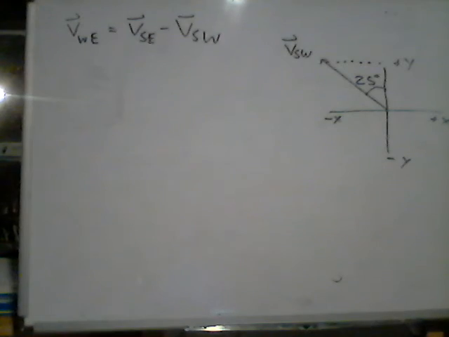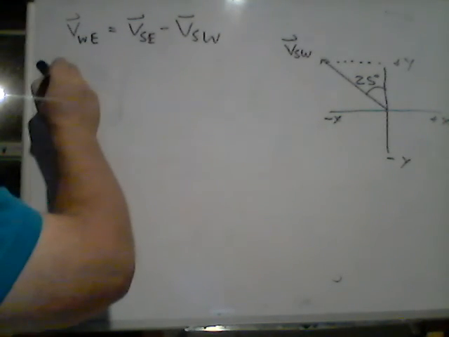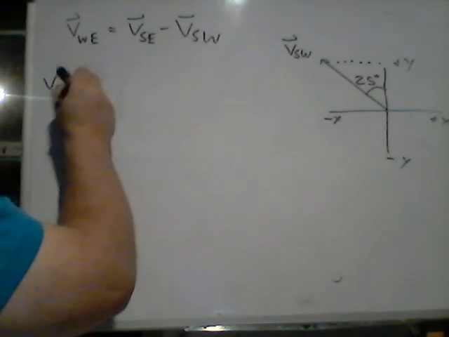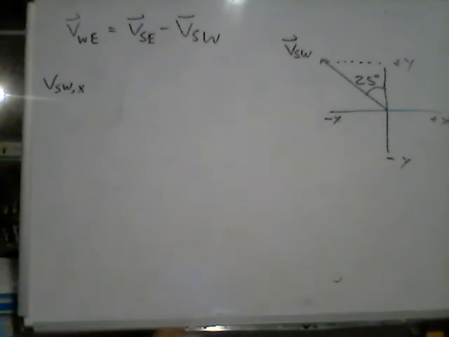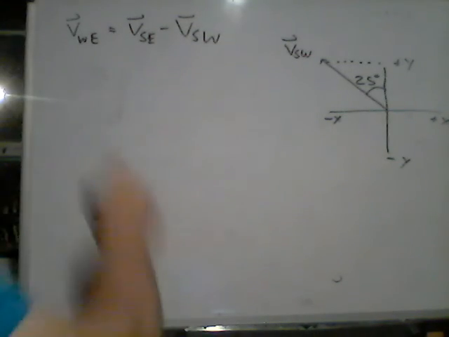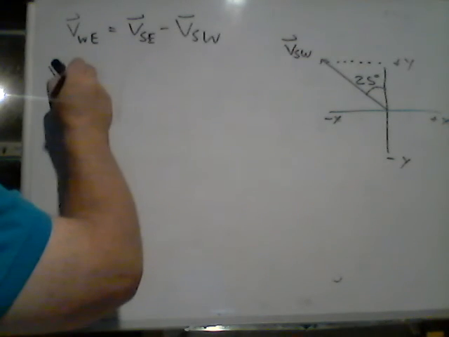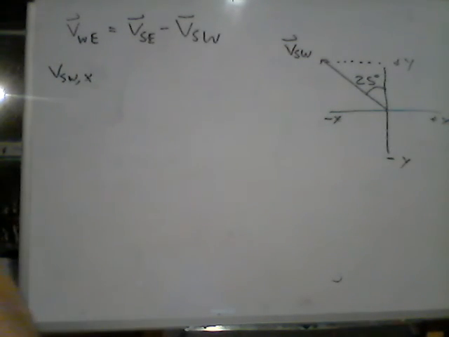So again, we're going to do a couple things at once. I'm going to say that the velocity of the ship with respect to the water is v sub SW sub x. I need to calculate these components. So v sub SW sub x, this component, so I don't put a hat on, it's the x component.